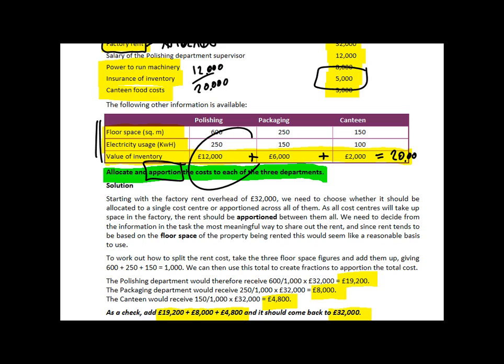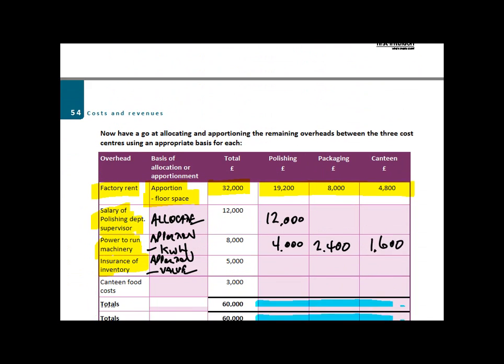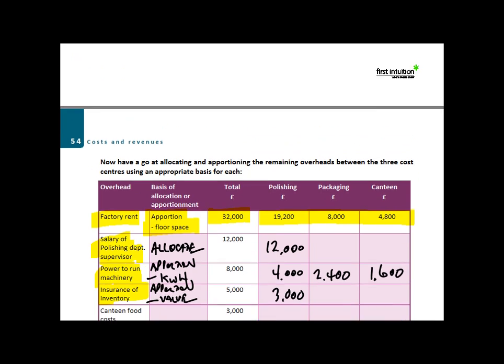So you can see they've got slightly more than half of the inventory. In fact, they've got 60% of the inventory. If I multiply that by £5,000 cost, I'm going to apportion the polishing department £3,000 worth of the insurance costs. So I can put that into my table.